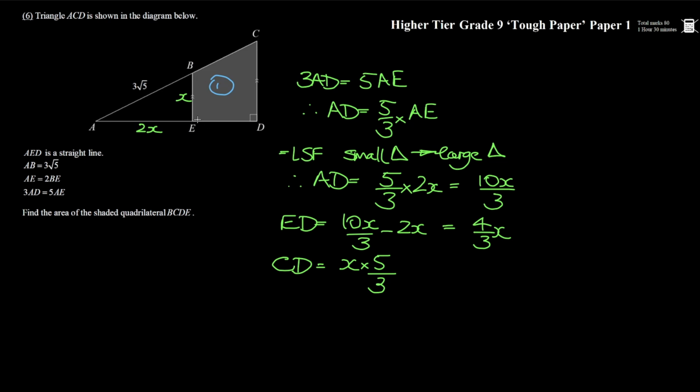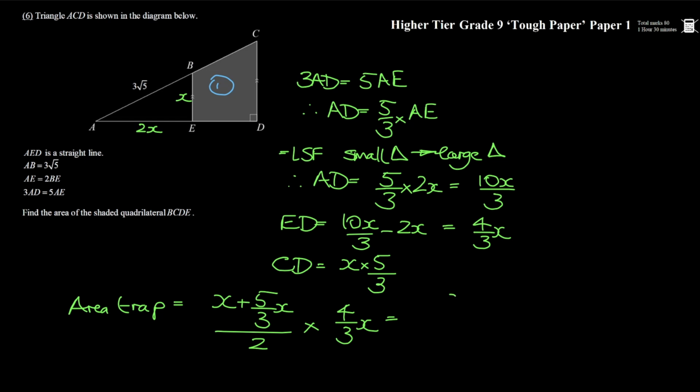So we know this length, we know this length, and we know this length, so we can find the area of the trapezium. So area of the trapezium is equal to the average of the parallel sides. So we add them up, so it's x plus 5 over 3x, and divide them by 2, and multiply it by the distance between, which we found to be 4 over 3x.